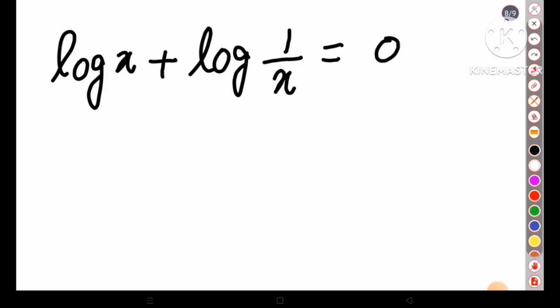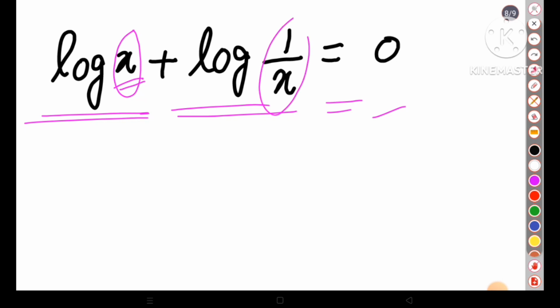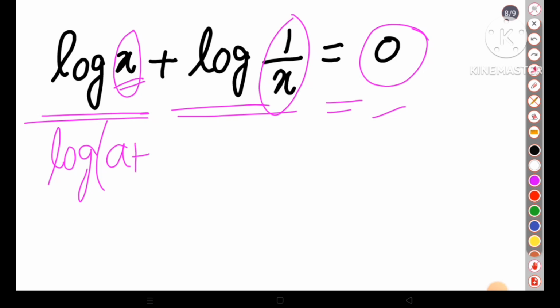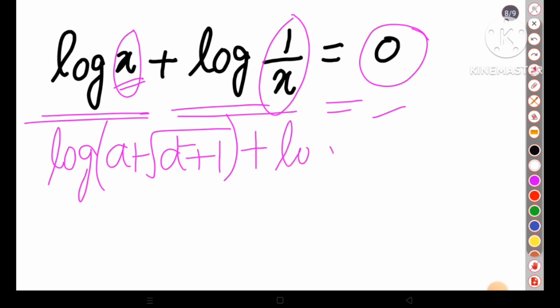The next property is log x plus log 1 by x is equal to 0. For x and its reciprocal 1 by x, the result will always be equal to 0. For example, log a plus square root of a square plus 1, plus log 1 upon a plus square root of a square plus 1.